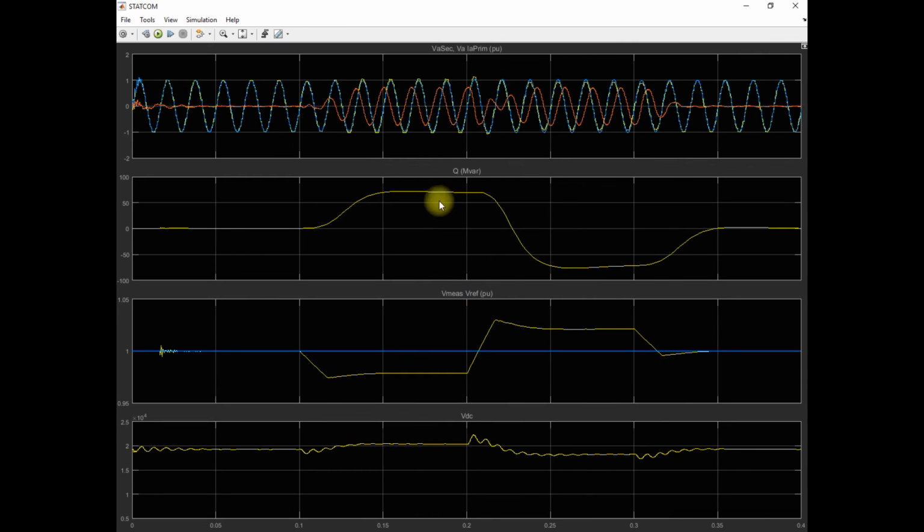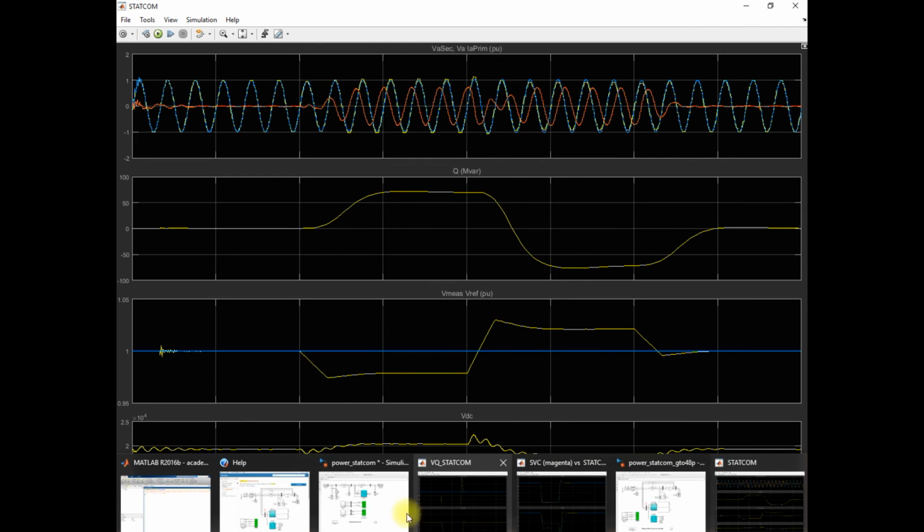Now we can see that this is the reactive power injected or absorbed by this STATCOM, and this line represents the actual voltage at the bus and the V reference. You can see that this magenta line or blue line represents the V reference value, which is set at 1 per unit, and this yellow line represents the actual voltage at which the STATCOM is connected.